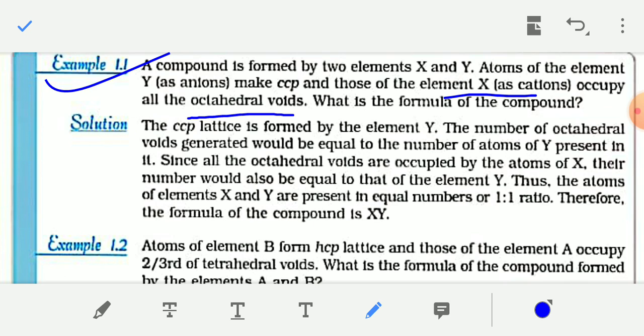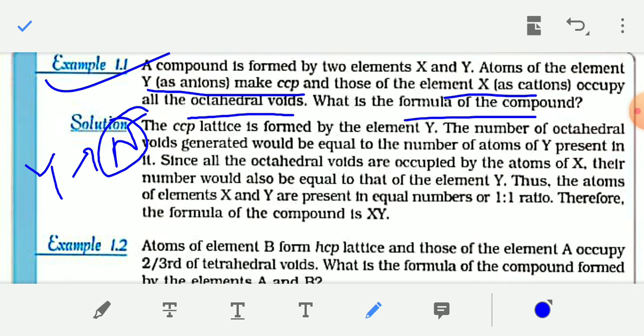What is the formula of the compound? Number of Y atoms is n, so the number of octahedral voids will be n.